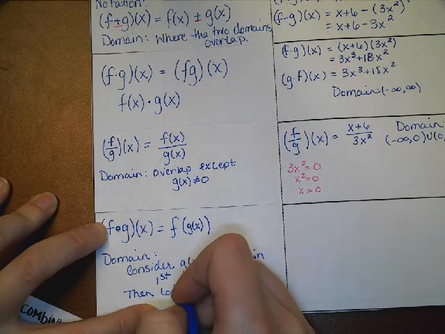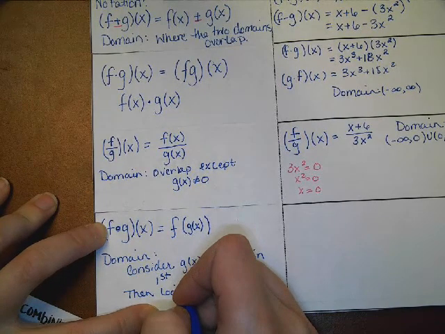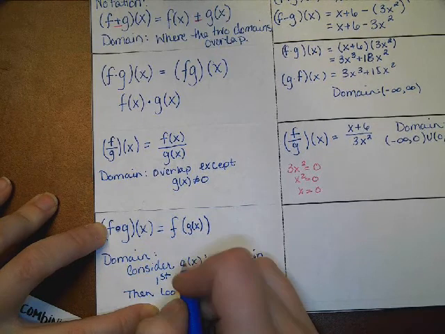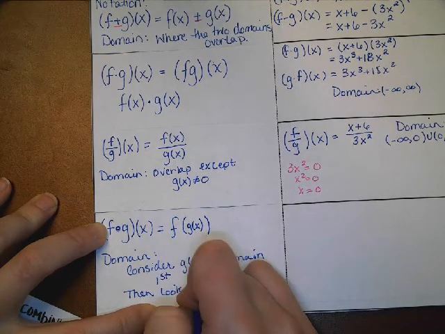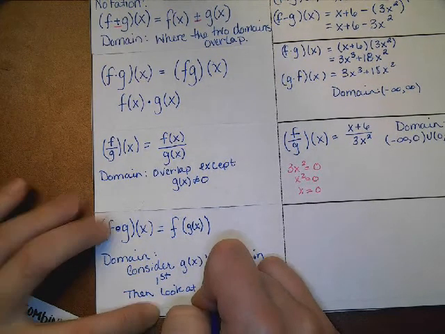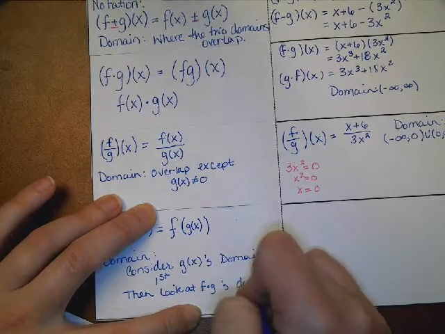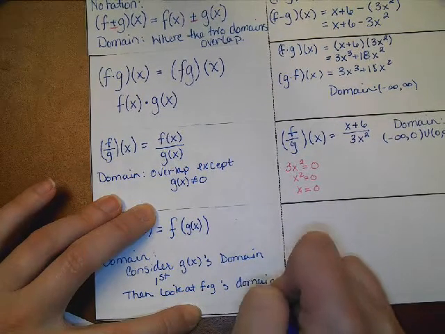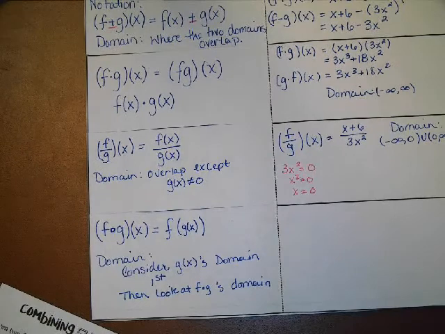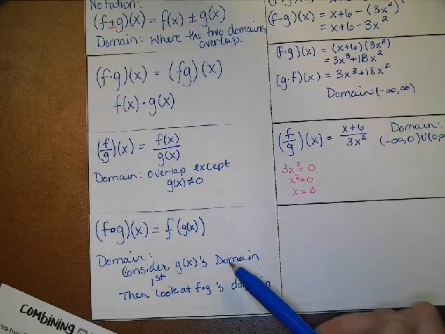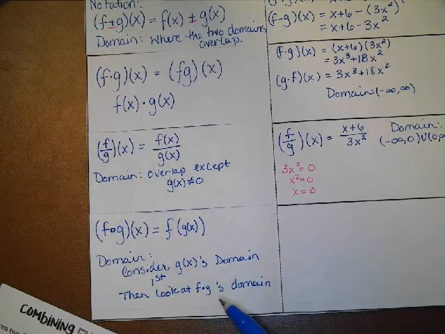Yes, Alex. So when you're solving it, would it just be f times? It's not times. No, like f of 3x squared. Yes, that's exactly what it is. All right, so it's the overlap between G of X's domain and the domain of your final answer.